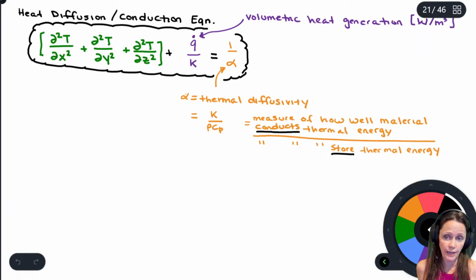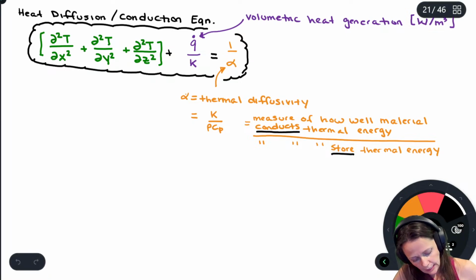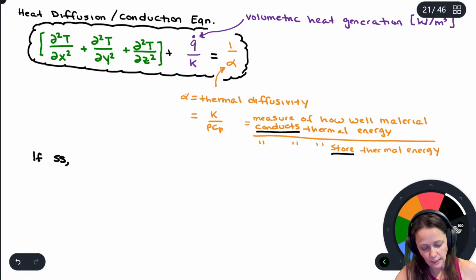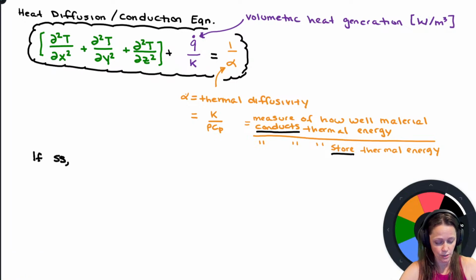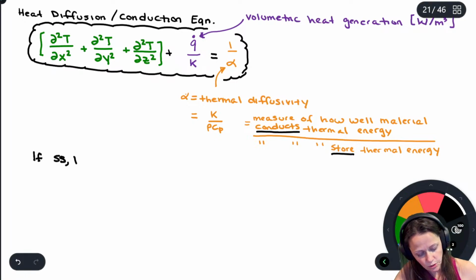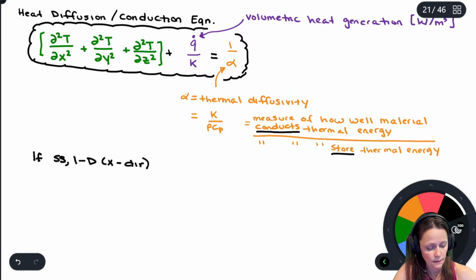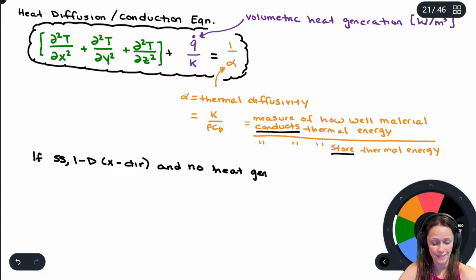So let's just look at it. If you had steady state heat conduction, one dimensional, say in the x direction, and no heat generation, well, then that equation gets really simple really quickly, doesn't it?